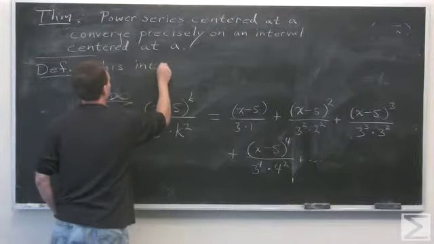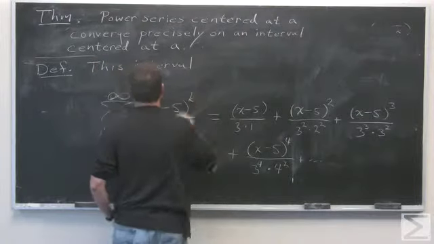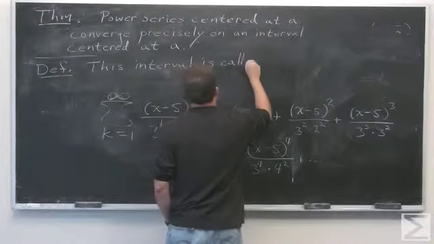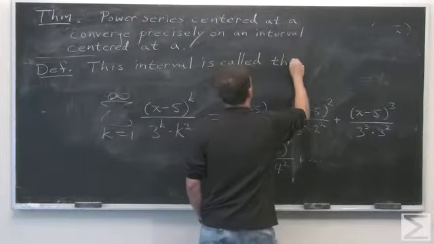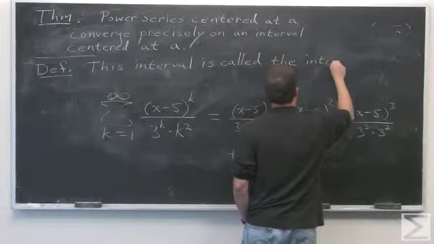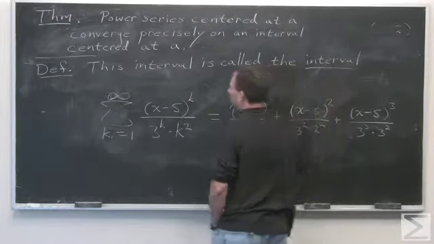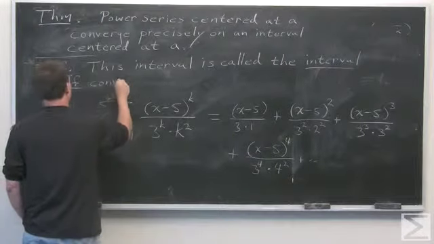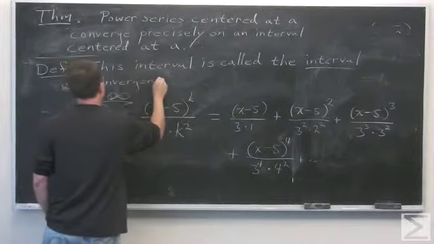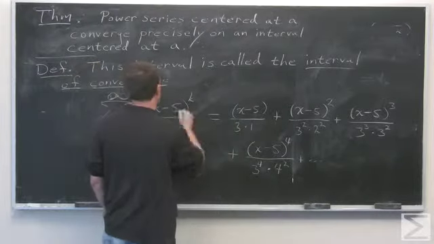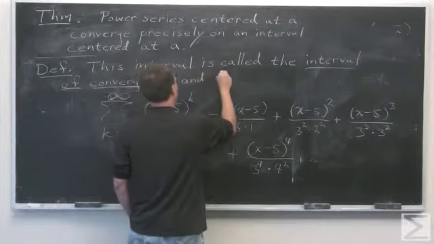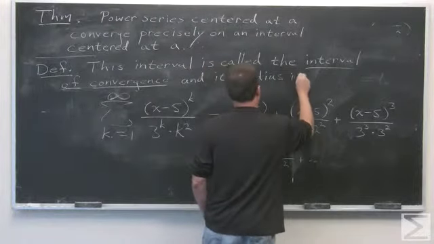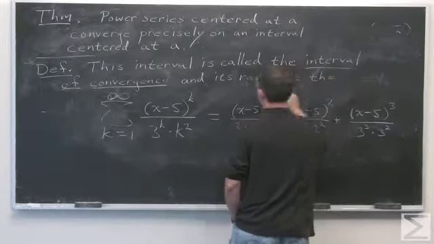is called the interval of convergence, and the radius of the interval is called the radius of convergence. The interval is called the interval of convergence, and its radius is the radius of convergence.